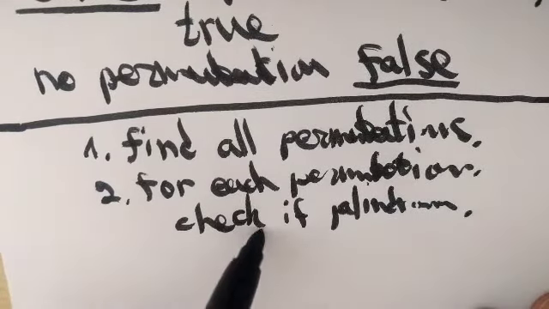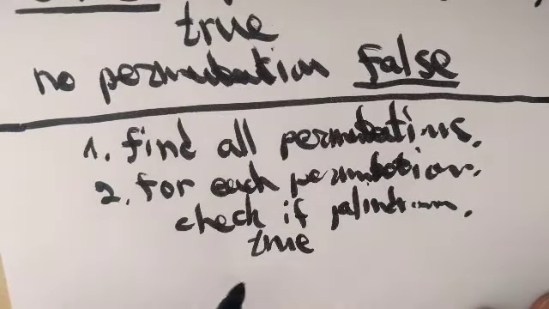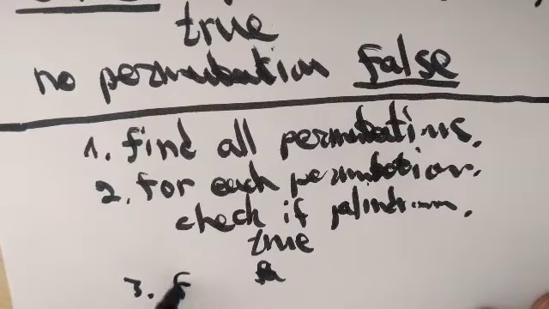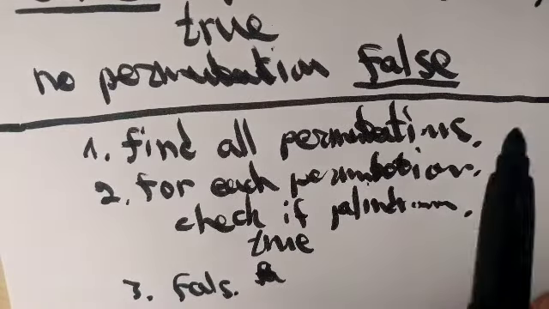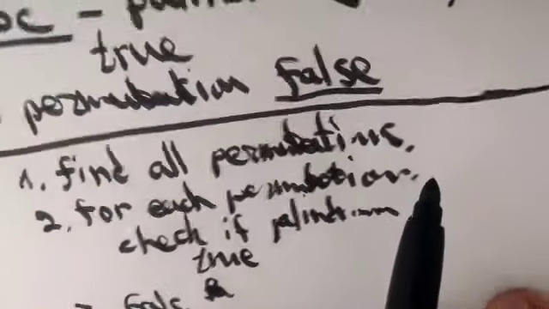If yes, return true. Otherwise, if none are palindromes, return false.